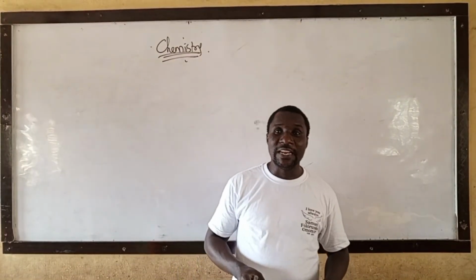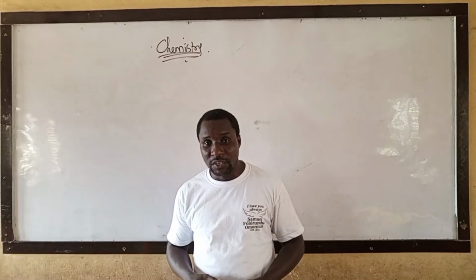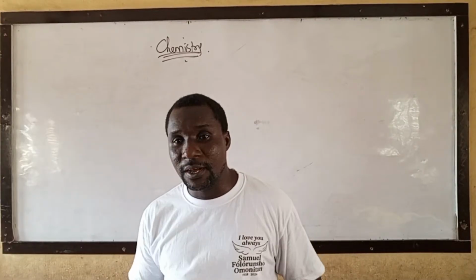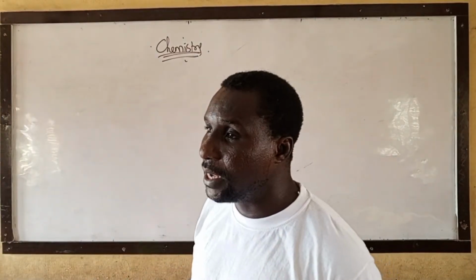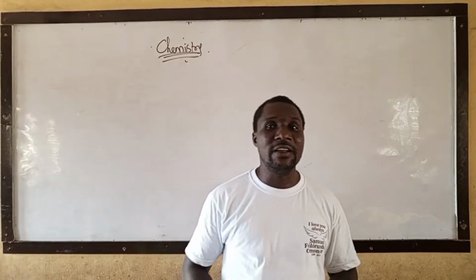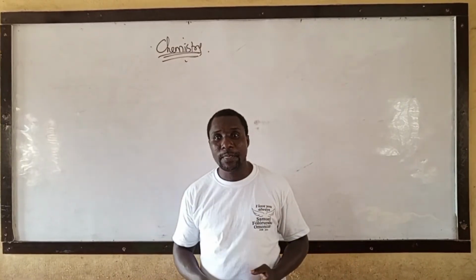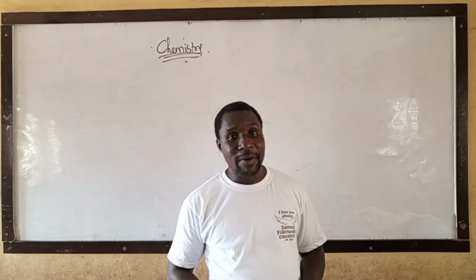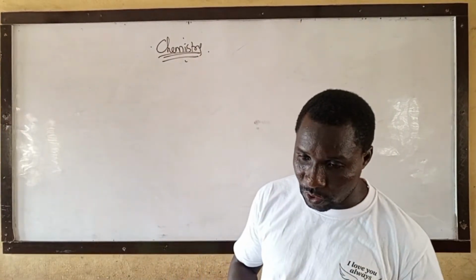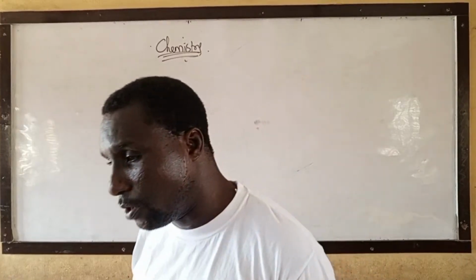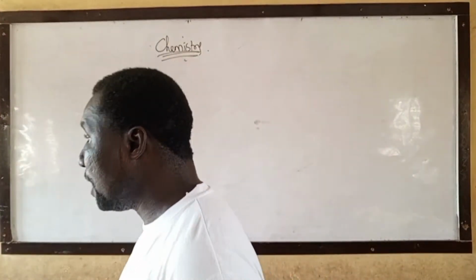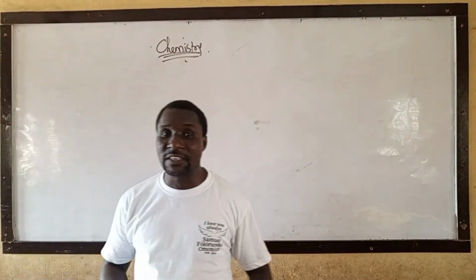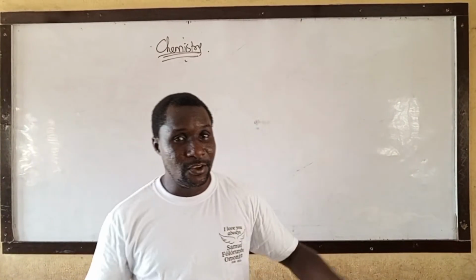How you can know periodicity, how you can identify metals, non-metals, metalloid, how you can write chemical formula, what you need to know about types of compound, because most of you don't know types of compound. And if you see any type of compound, you can identify the kind of compound this is or that is.